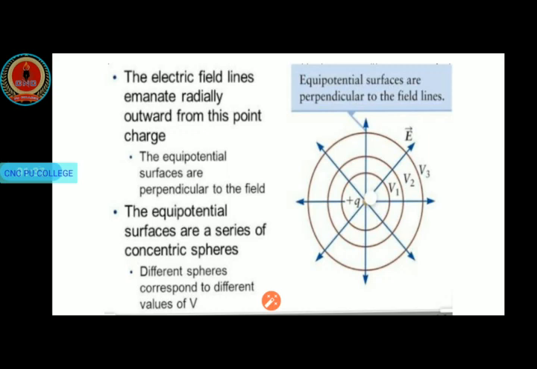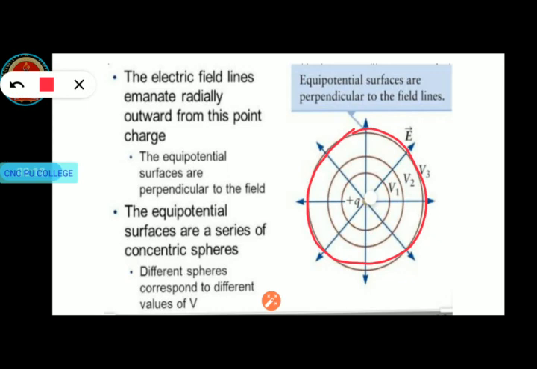We already know that the potential varies inversely with distance. If the distance is the same, the potential also remains the same. Thus, for all the points on this sphere the potential remains the same, hence it is called an equipotential surface. We assign some value as potential V3 on that sphere.